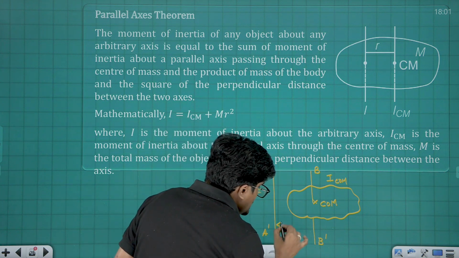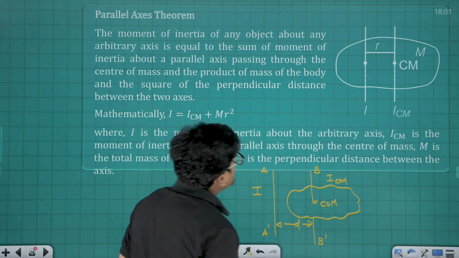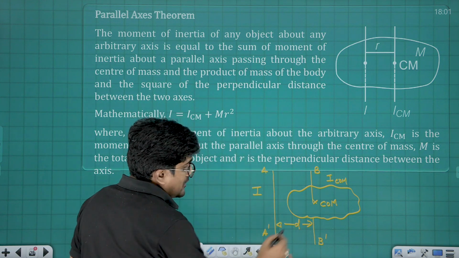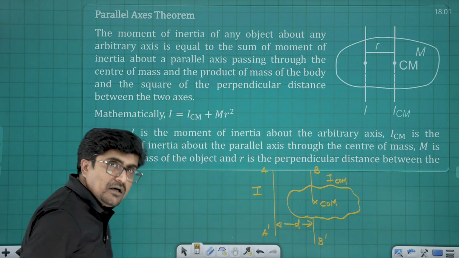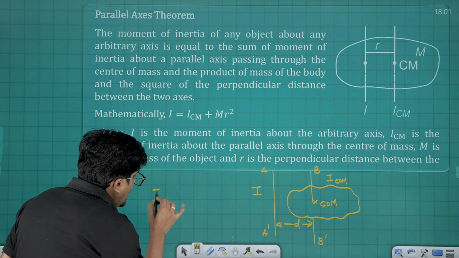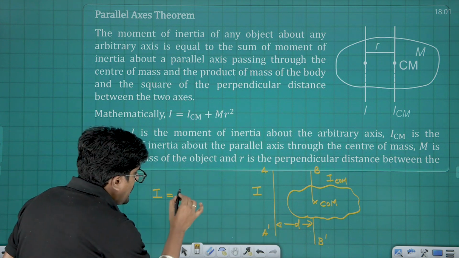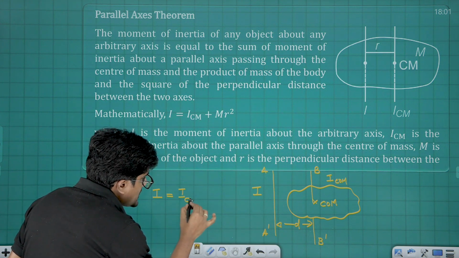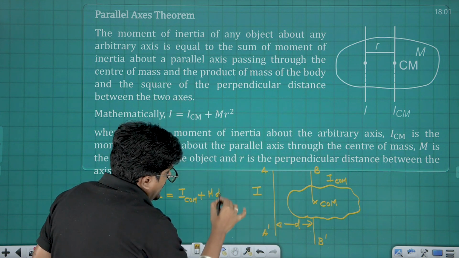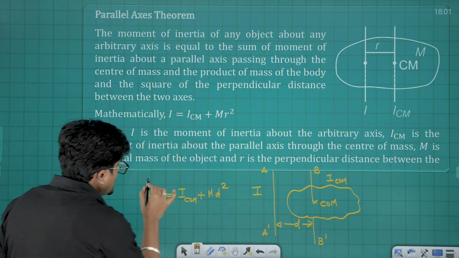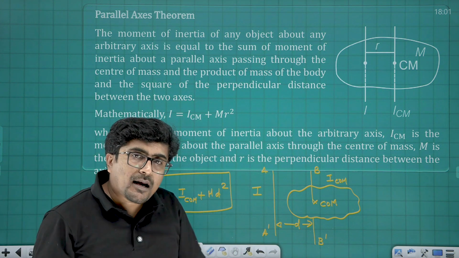Let the distance of separation between the two axes be small letter d. So the moment of inertia I that we wanted to calculate is the moment of inertia with respect to the center of mass plus the mass of this body M into the perpendicular distance of separation between these two axes squared. This is what we call the parallel axis theorem.